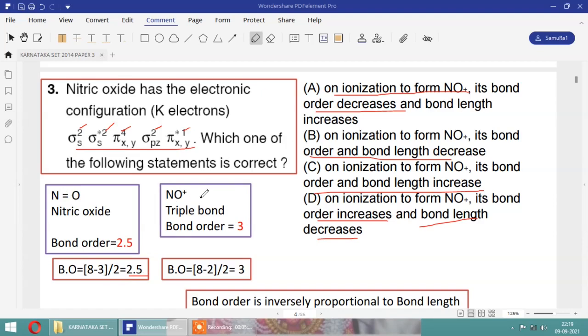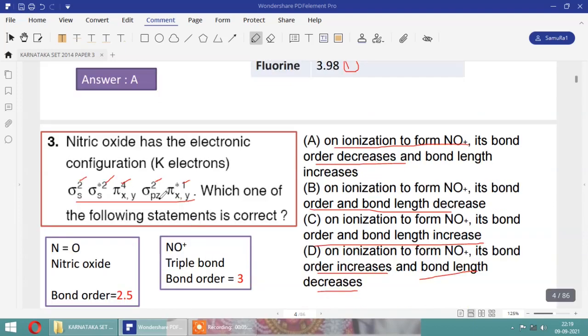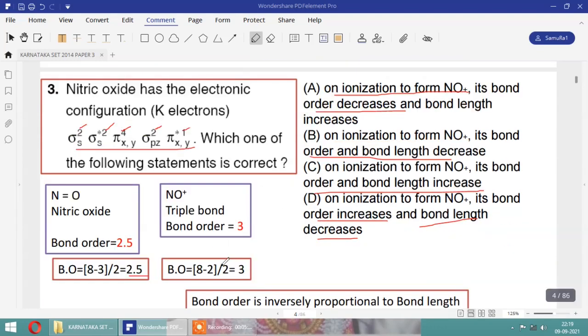When this ionizes to NO+, now you calculate the bond order. Here the number of bonding electrons is 8: 2, 4, 6, 8. From the antibonding orbital, this one electron will be lost. So in the antibonding orbital you will get only these 2 electrons.